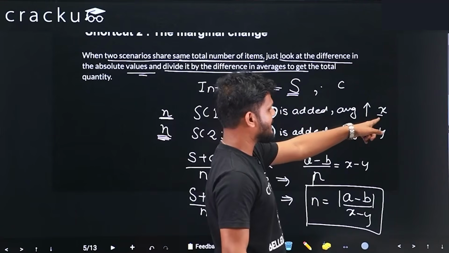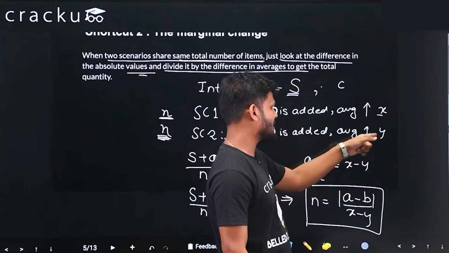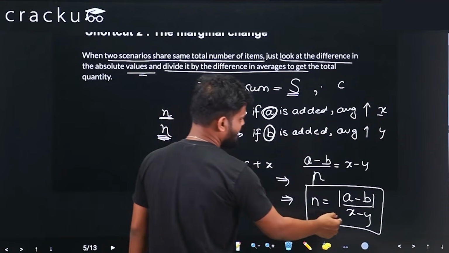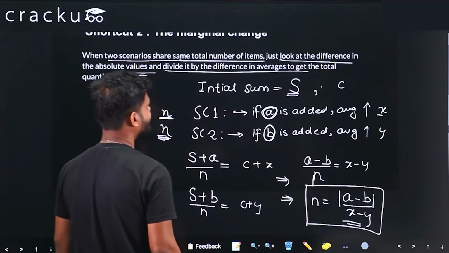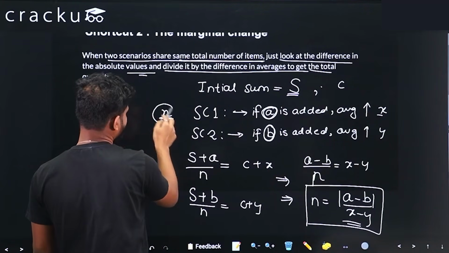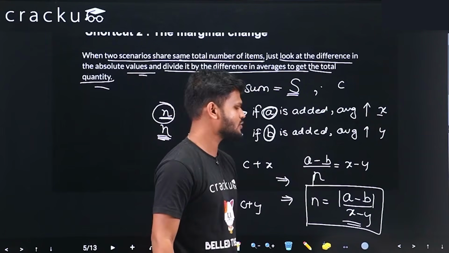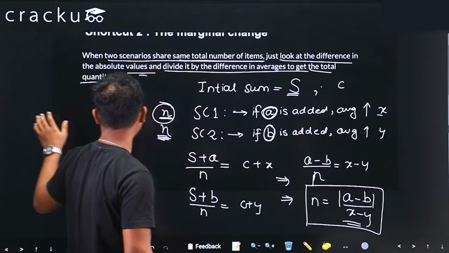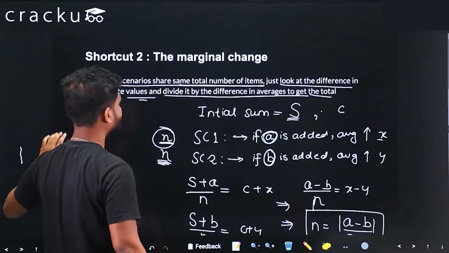Here the average increased by X, here it increased by Y. So the difference is nothing but X minus Y. So we divided it by X minus Y, and what did we get? We got the total quantity. So the total quantity was anyway N. So N equals mod of A minus B divided by X minus Y. So this is the working behind this concept.